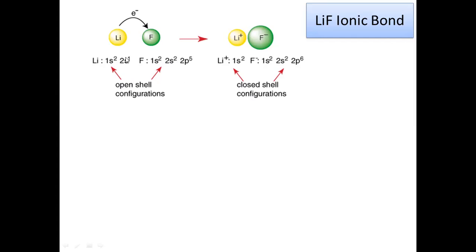And why is it closed? This is the formation of the bond. 1 electron is present in the outermost shell of the lithium, and 1 electron is required for the fluorine to complete its octet: 6, 7, 8.